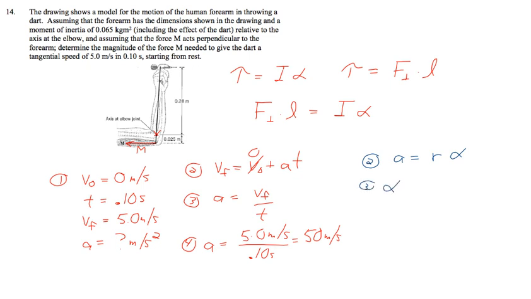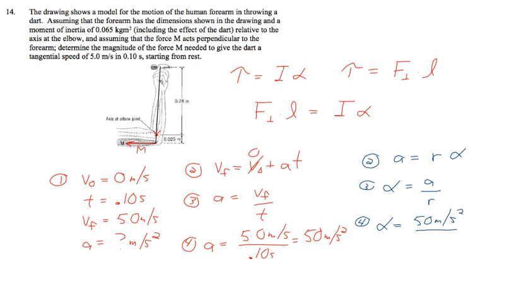So alpha is going to be A divided by R. And so step 4, the A is 50 meters per second, I'm sorry, 50 meters per second squared. I don't have the right unit, so let me put that in there. So that's going to be 50 meters per second squared divided by R.